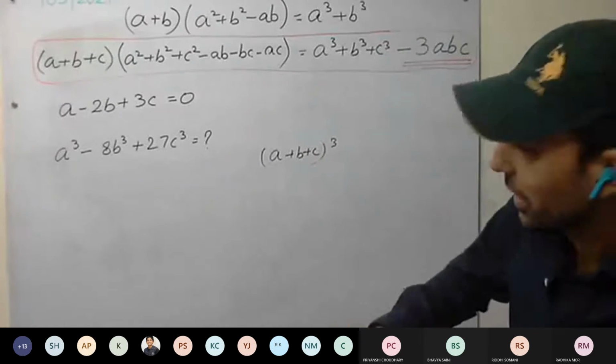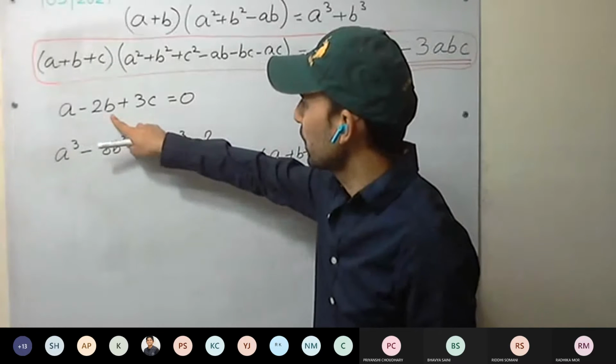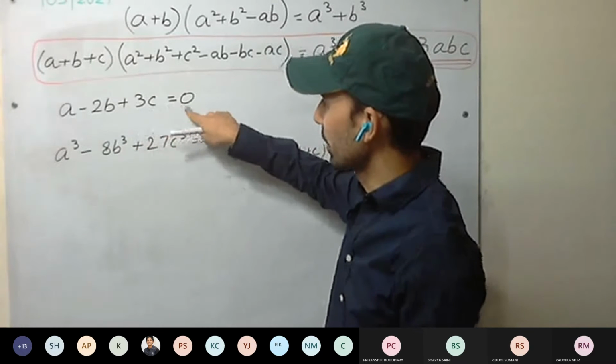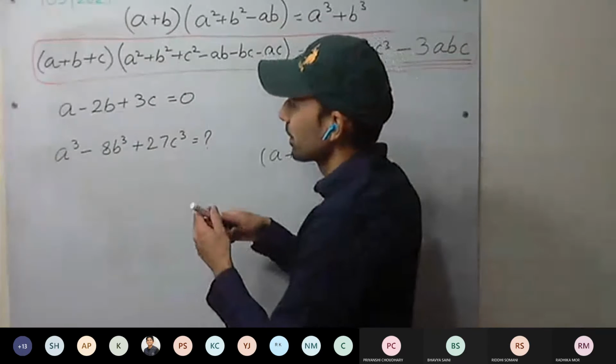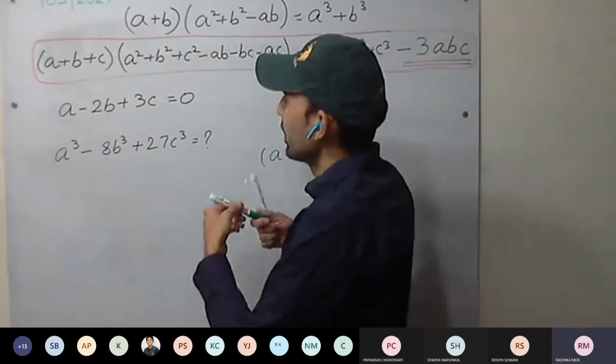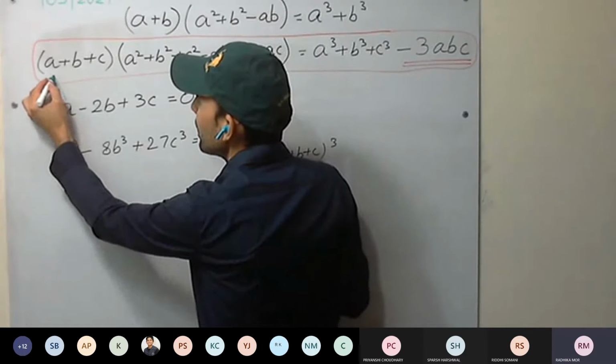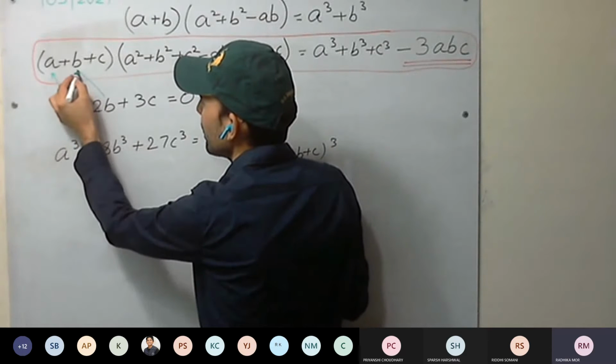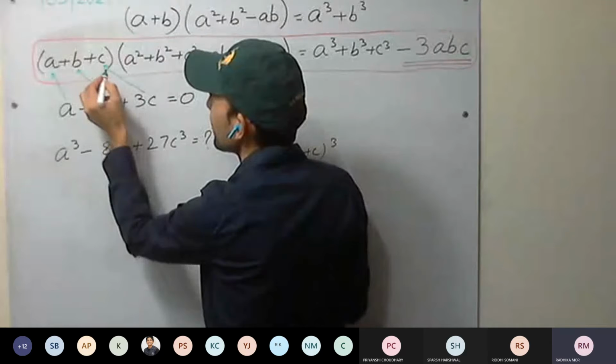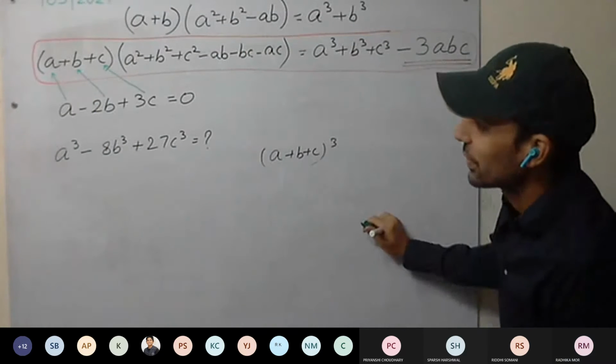Okay, see the question again. a minus 2b plus 3c equals 0. So we have to use a cube plus b cube plus c cube is equal to 3abc. Can you predict now?